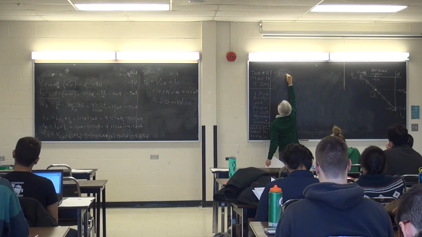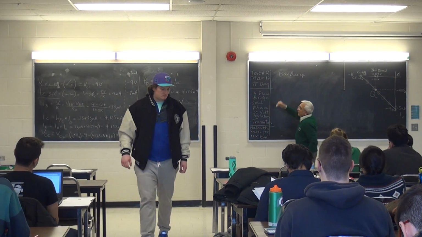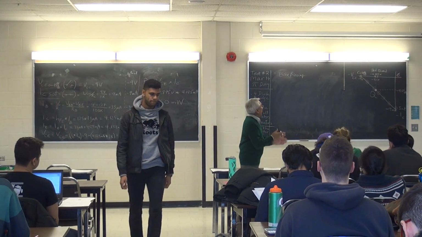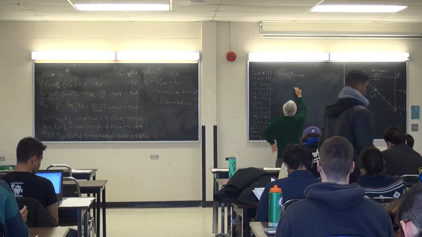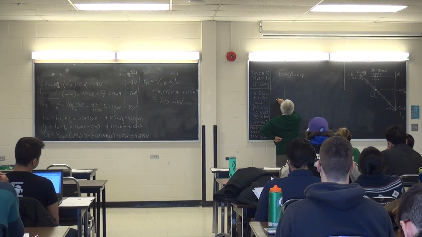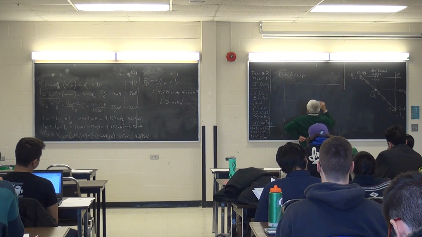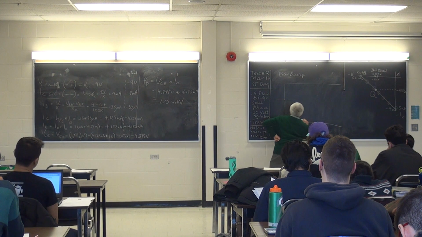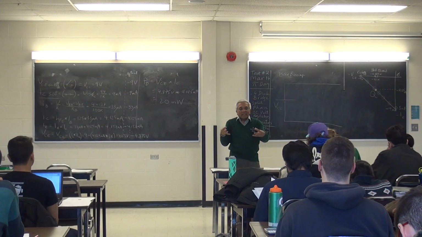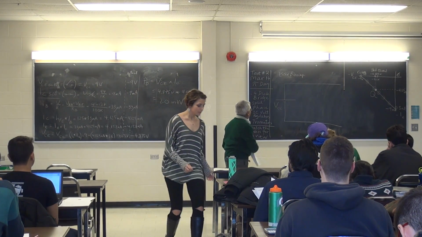Base biasing. If I combine VBB and VCC into one, what will the circuit look like? It will look something like this. Watch. This is VCC. I'm taking my VBB and merging it into VCC. Okay? So there's my VCC.